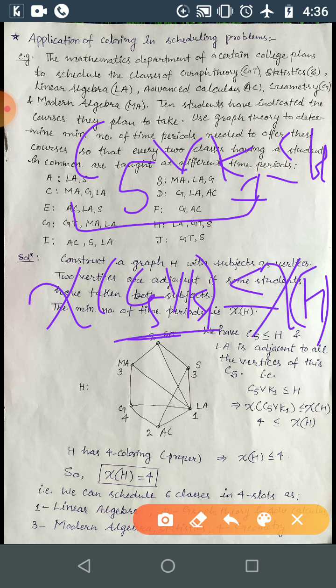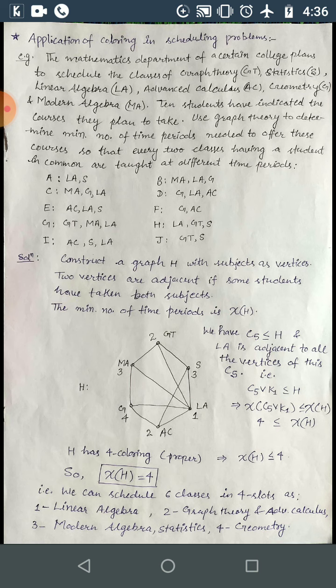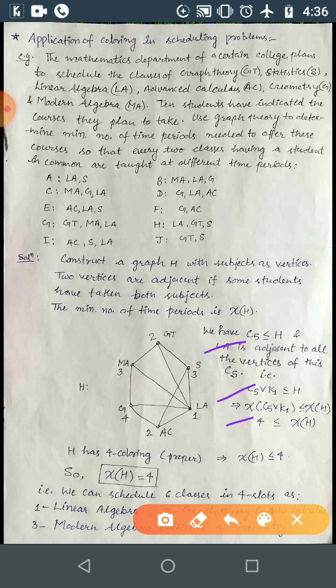And for this one we have just got that it is at least 4, so 4 is less than or equal to the chromatic number of H. So the chromatic number is at least 4.